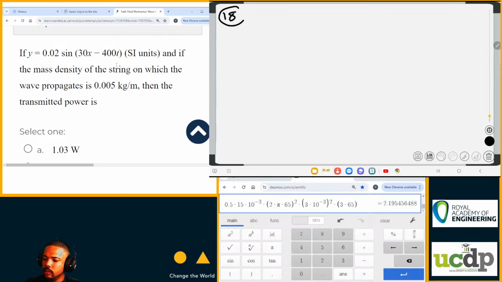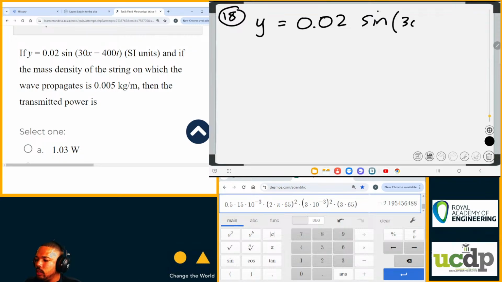They ask us, if y, this is a formula describing the wave, if y is equal to 0.02 sine of 30x minus 400t, all in SI units, of course. So there we have a formula for the wave.